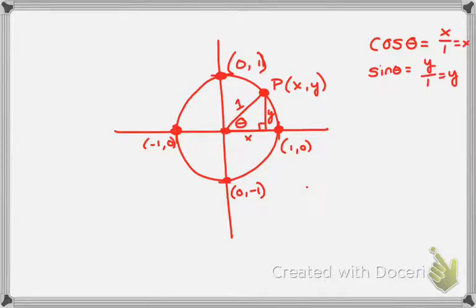So really, we can think about this point as cosine theta, comma, sine theta, instead of just x, comma, y. So your cosine of your angle would be whatever that x value is, and your sine of that angle would be whatever that y value is.